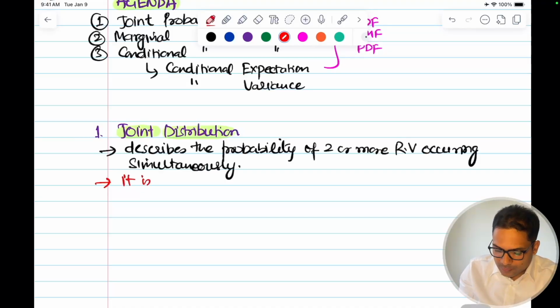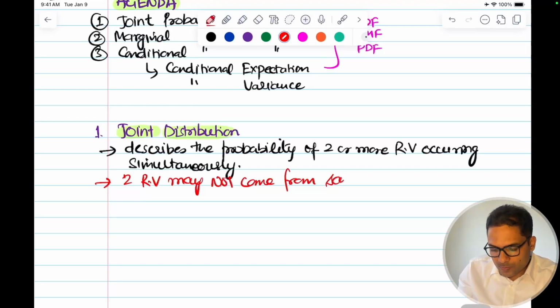It is applicable even if two random variables do not come from the same or similar distribution.